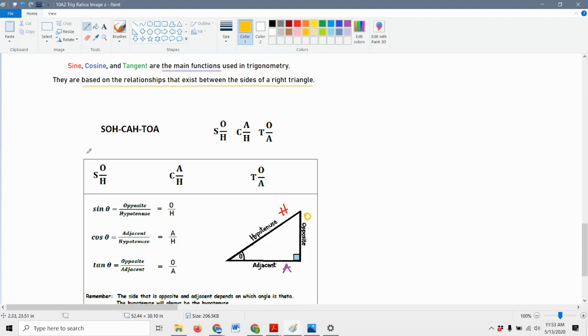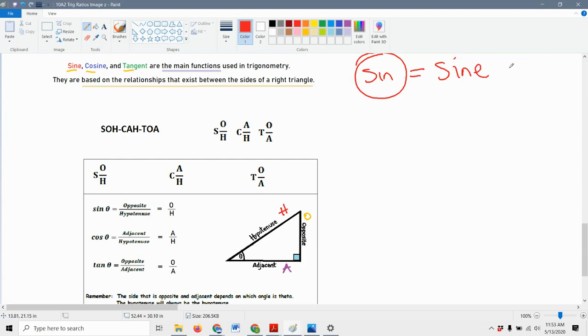So when we're looking at these trig functions, we also want to remember that they are most frequently abbreviated with the first 3 letters of their name. If you see this, you're going to say sine.